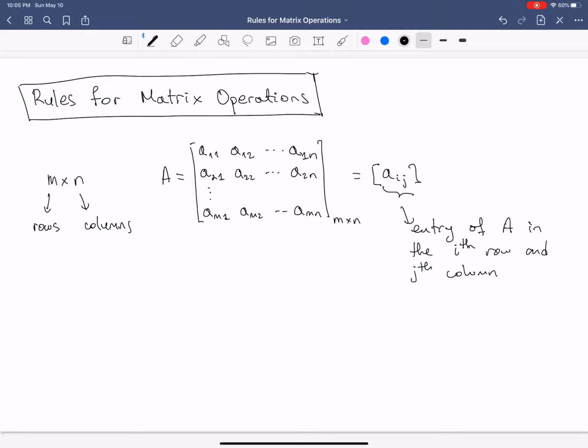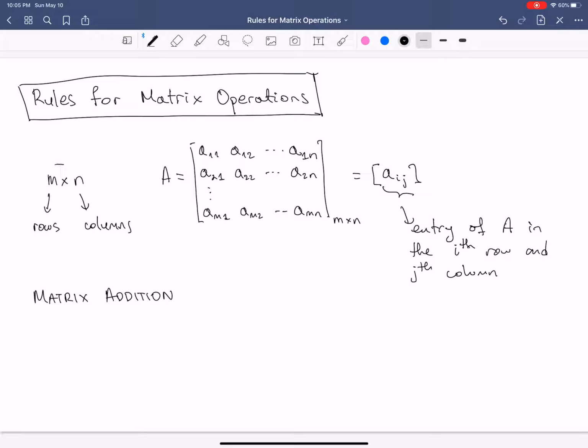All right. Now with this, let's talk about matrix addition. Matrix addition is very easy. It's exactly what we would expect it to be. It is term by term addition. The only condition then, in order for us to be able to add two matrices, is that they are of the same size.